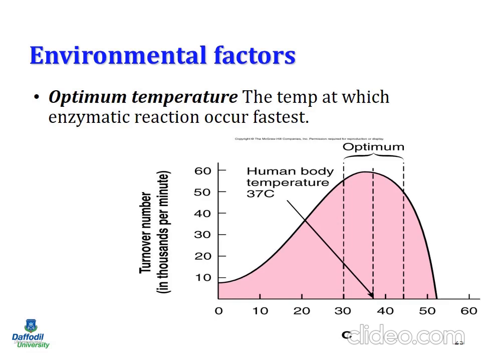If we go up, denaturation occurs. If we go down, the protein becomes rigid. So there is an optimum temperature range where your enzyme acts like a superman. This is called the optimum temperature. That is where your enzyme is super active.